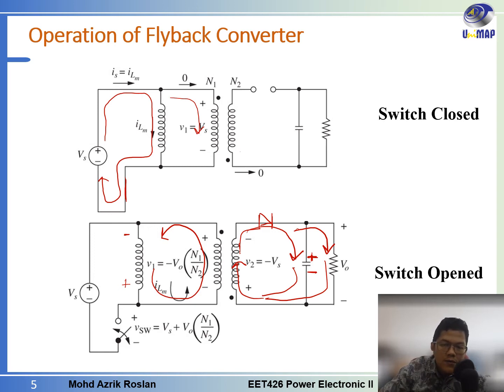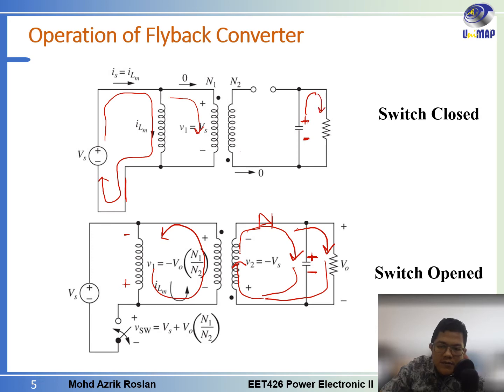What will happen is we have the same one at the input side, but at the output side, remember we have the current flowing like this at the capacitor. When we remove the source from this capacitor, the polarity will be maintained positive, negative, but the current will flow out from the same direction it came in.